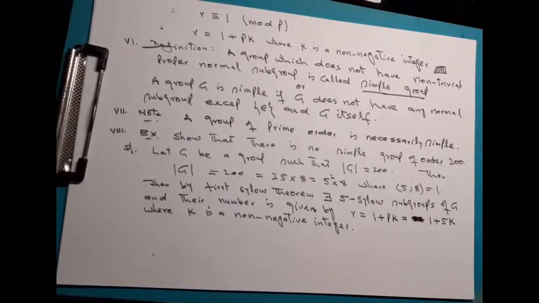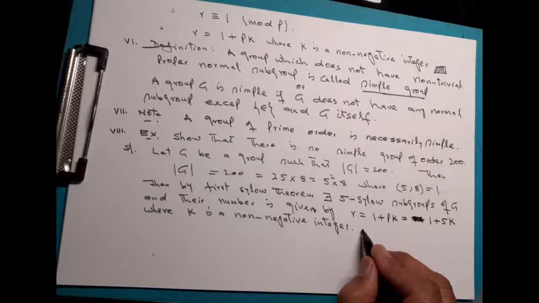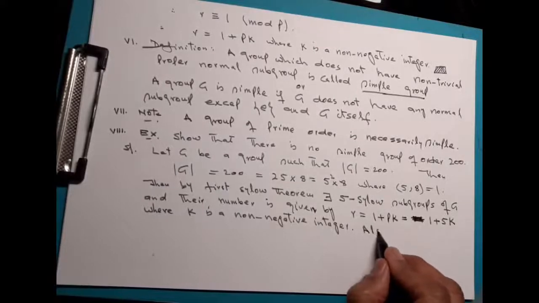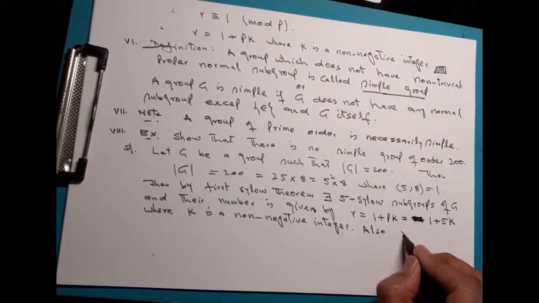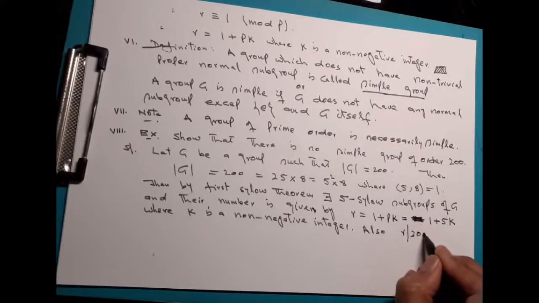Also, there is one more thing: R must divide the order of the group, so R must divide 200.